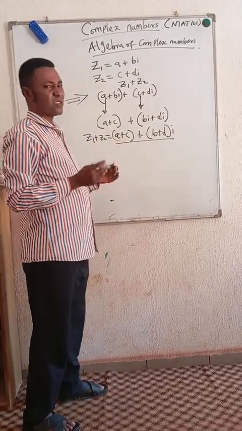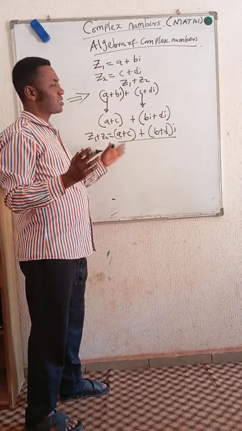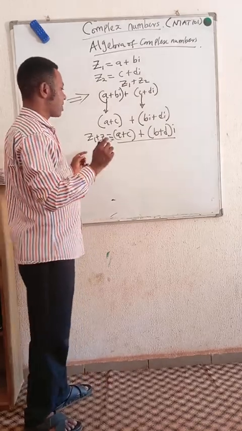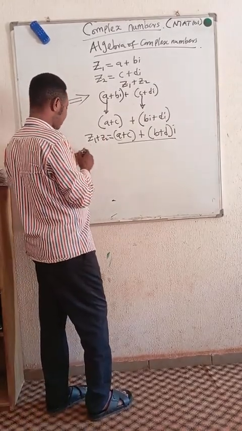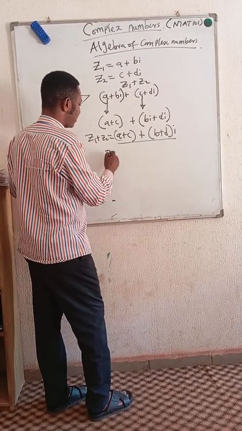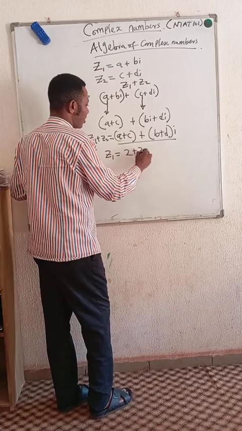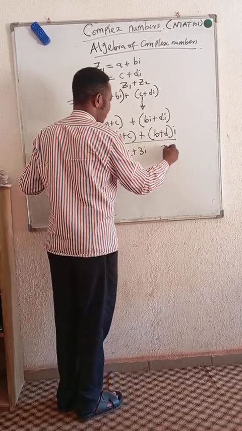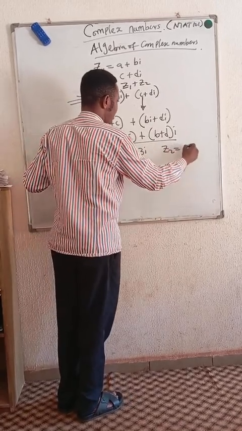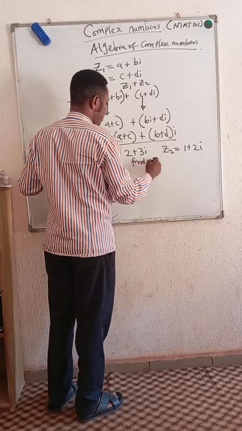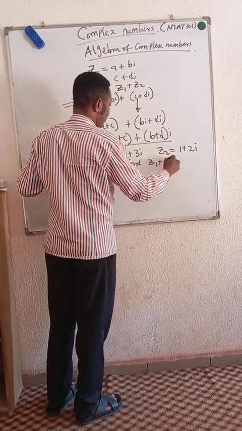With this, let's consider a very simple example on addition of complex numbers. For example, if we have z1 equal to 2 plus 3i, and z2 equal to 1 plus 2i, find z1 plus z2.